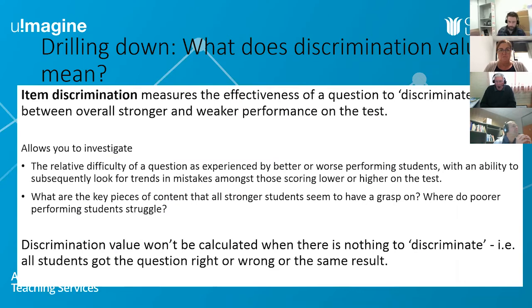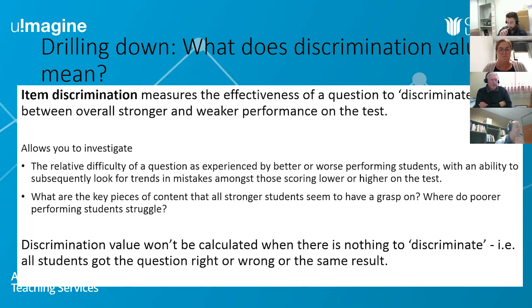So just wanted to pick up on the item discrimination. What does this mean? Like I said in that last slide, item discrimination measures the effectiveness of a question to actually discriminate between overall stronger and weaker performance on the test.